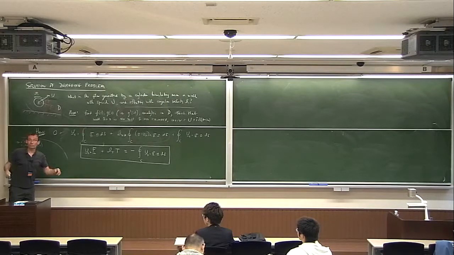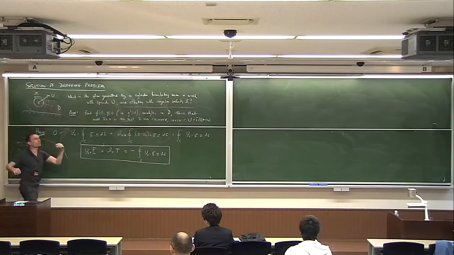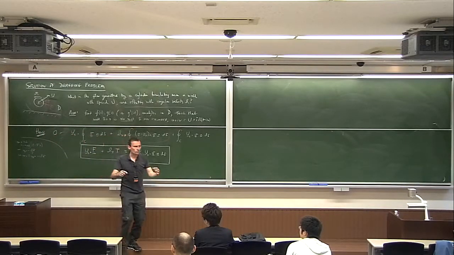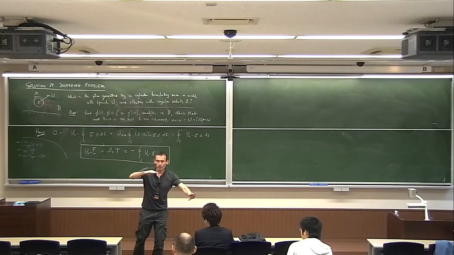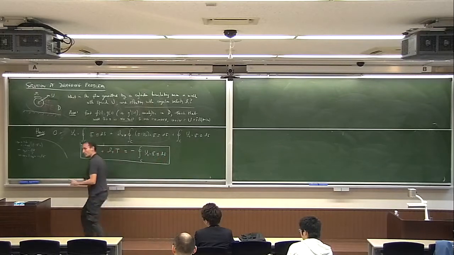Something else you might think of doing, by the way, is you say, oh, look, there's an infinite line here. Let me use a Fourier transform. But Fourier transforms are only valid in strips of analyticity. And by the time you reach the cylinder, that Fourier transform will stop being valid. You see?